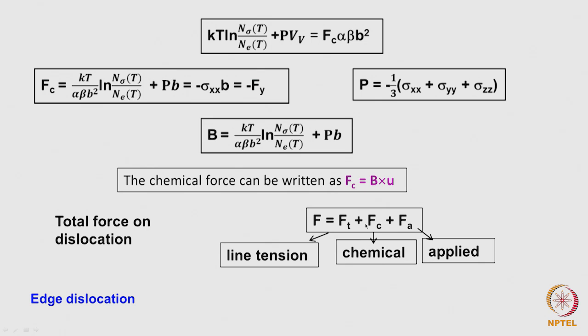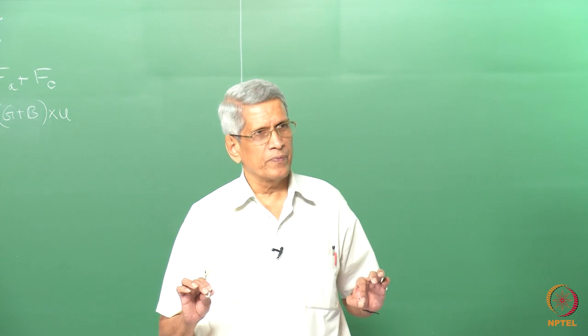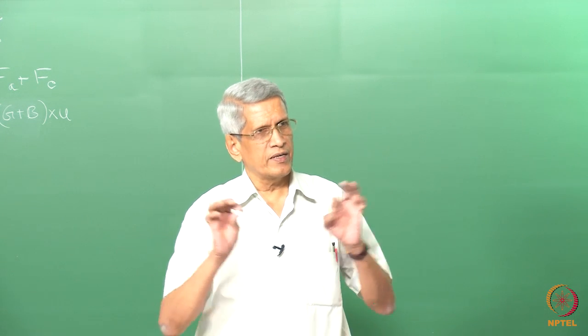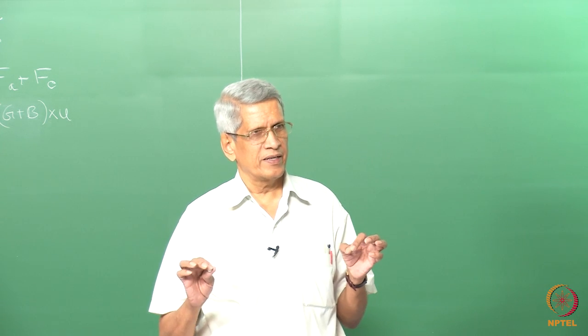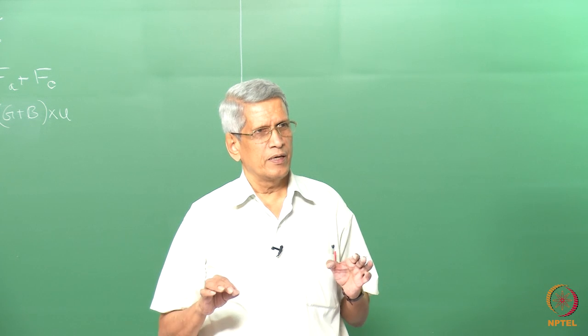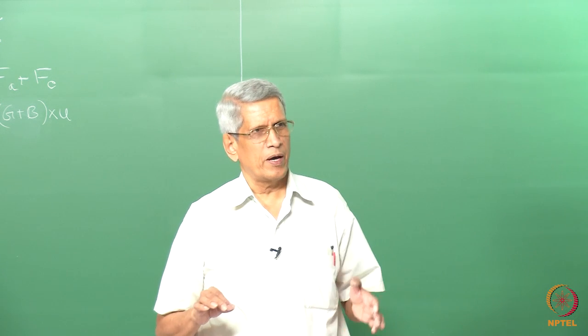But what we should remember is that the chemical force acts only on an edge dislocation, because for the chemical force to be generated, essentially a tensile stress is acting, and the tensile stress has an effect to make only an edge dislocation climb up or down.